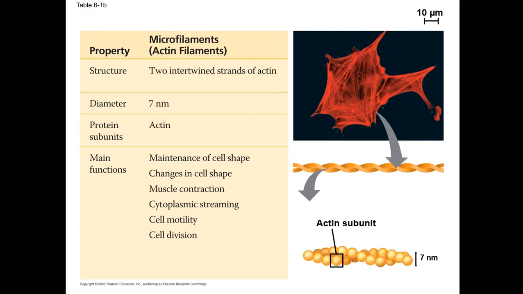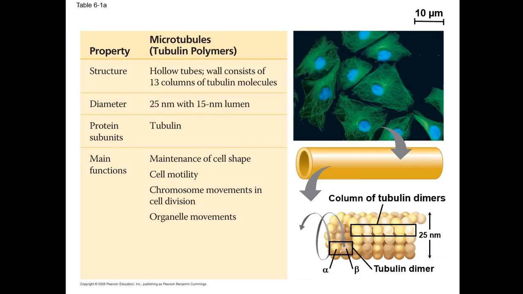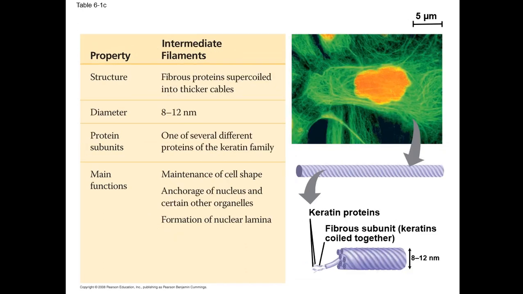Ito naman, microfilaments, hindi siya tube, hindi siya hollow, but they are made up of 2 intertwined strands of actin, parang ganito. Yan, ganyan yung itsura niya. Intermediate, parang ganito. So, somewhere in between.